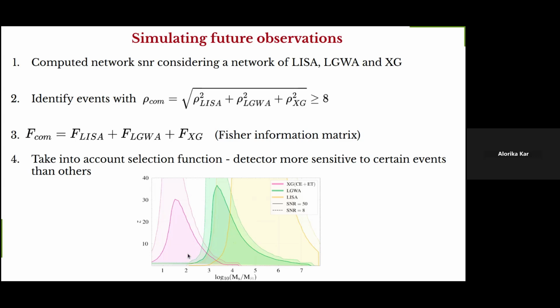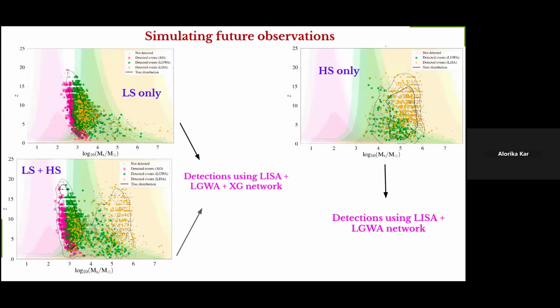What it tells you is that at lower redshift you are more prone to detect events, but at higher redshift you are less prone. When you are trying to infer the true distribution, you have to take into account your detector's selection bias: it detects nearby events more than farther events. That is called the selection function. Once you simulate your future observations and take into account your detector properties, you are good to go to reconstruct the underlying distribution.